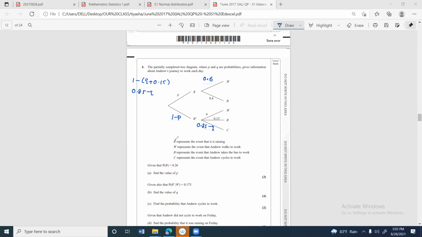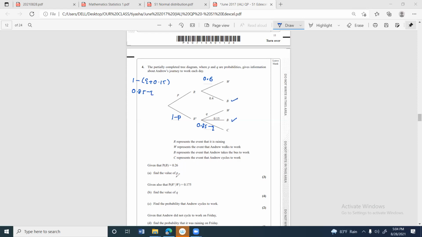Okay, let's do this further. R represents the event that it's raining. W represents the event that Andrew walks to work. B represents that Andrew takes a bus to work. C represents the event that Andrew cycles to work. Given that P(B), sorry, he's traveling by bike, that means B is this event and this event.